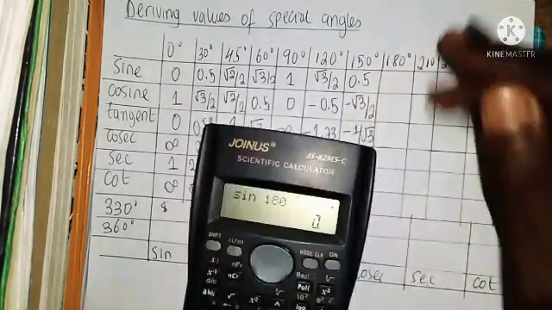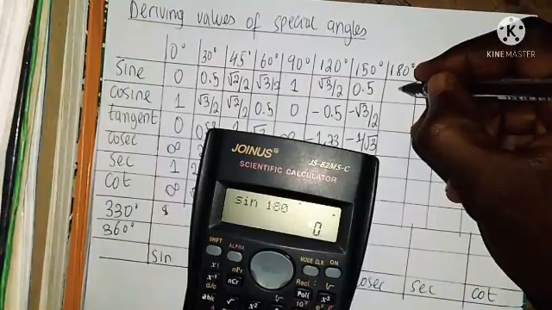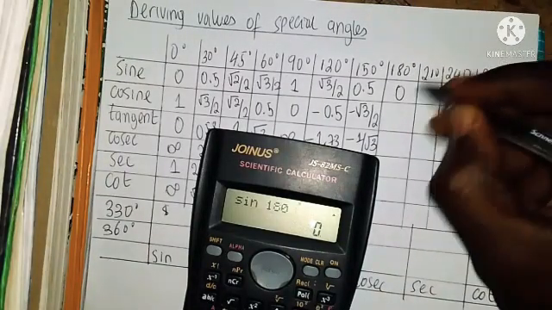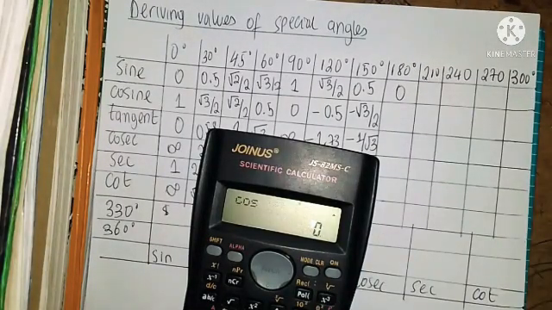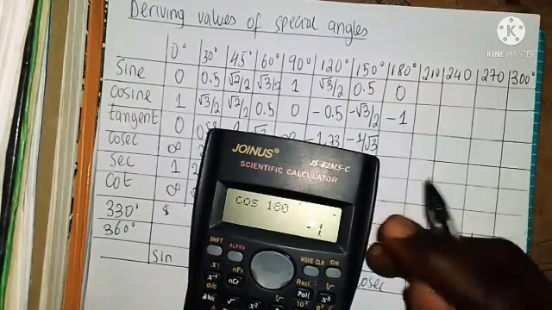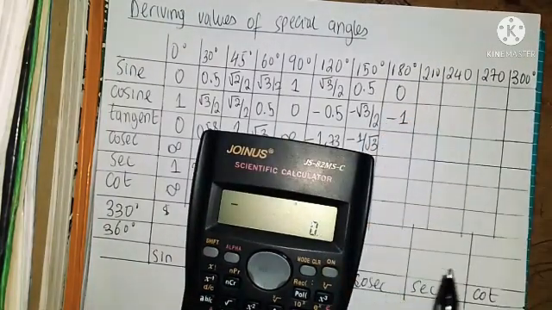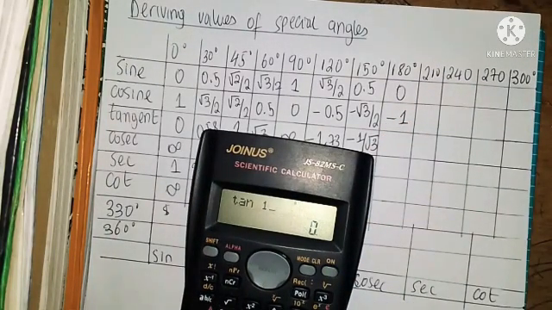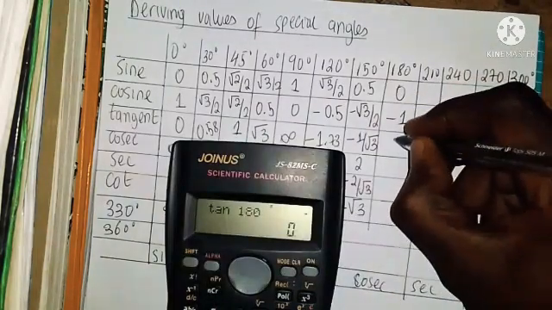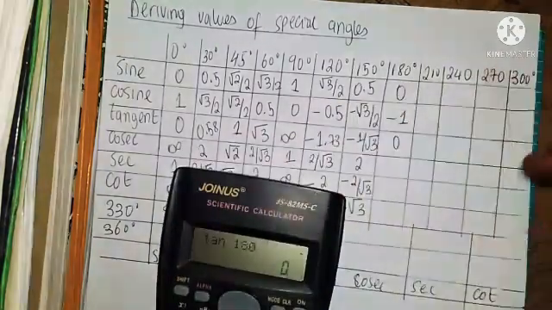Sine 180 is 0. Cos 180 will be 1. Sorry, negative 1. And tan 180 will be equal to 0.